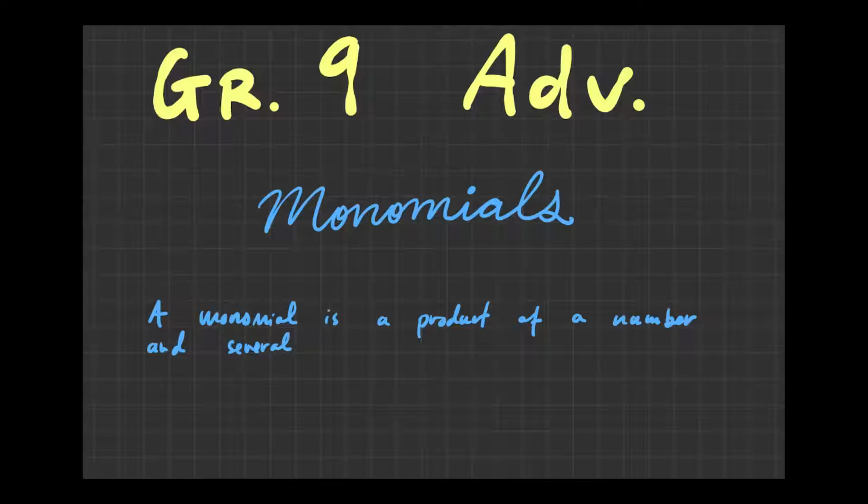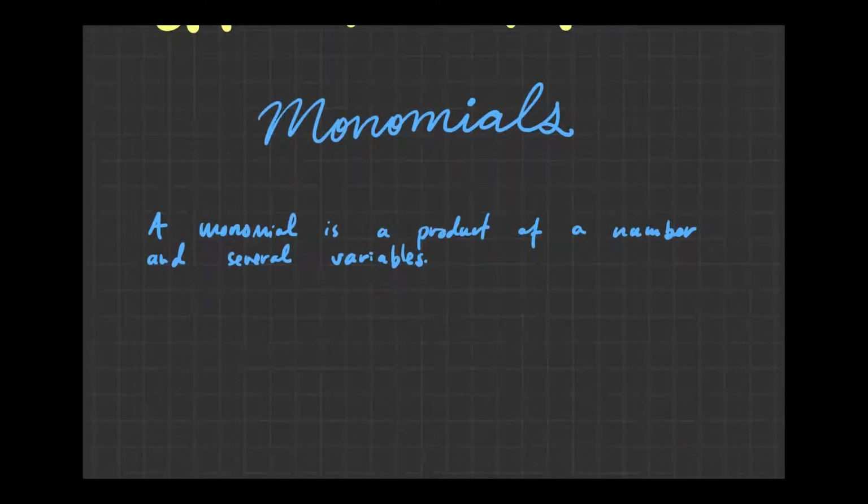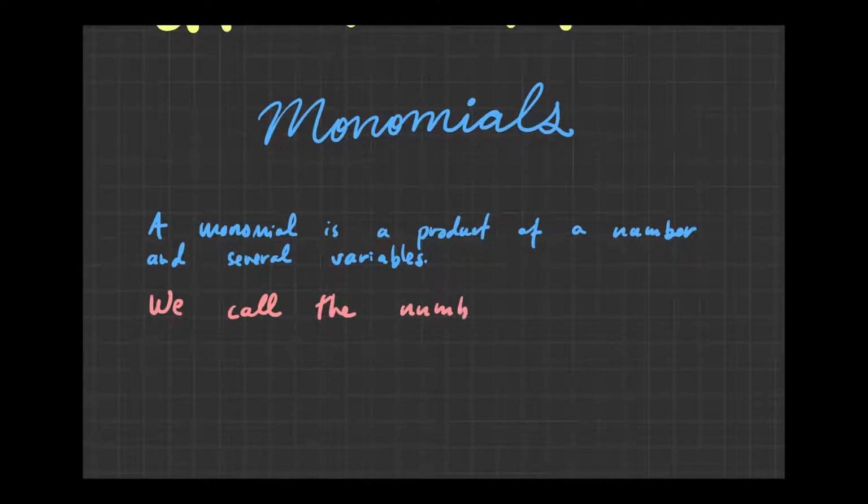And several variables. Okay. So a monomial is a product of a number and several variables. We call the number the coefficient.